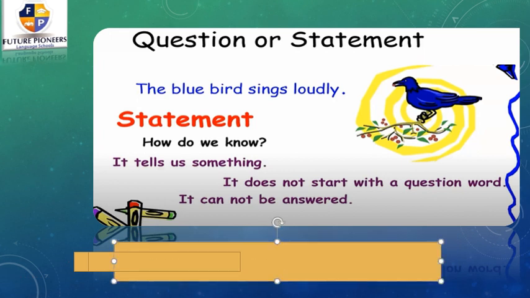This statement does not start with a question word and it cannot be answered. Why can it not be answered? Because it's not a question. Only questions can be answered. The bluebird sings loudly begins with a capital letter and it ends with a full stop. So this is a statement.